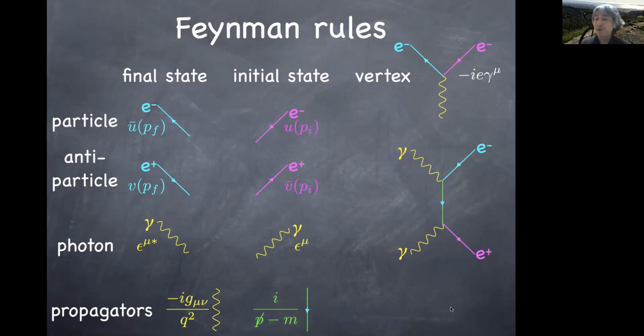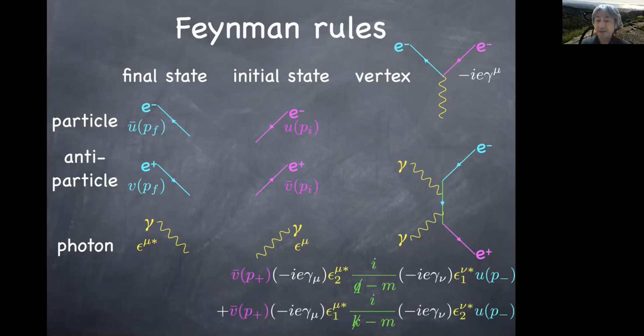The only thing you need to be careful about, though, is that the two photons in the final state are bosons, and they have to follow Bose statistics. So there is another diagram where the two photons are interchanged. So in addition to this diagram, there is another diagram where the two photons are interchanged, like this. But either way, you can write down the Feynman amplitudes right away.